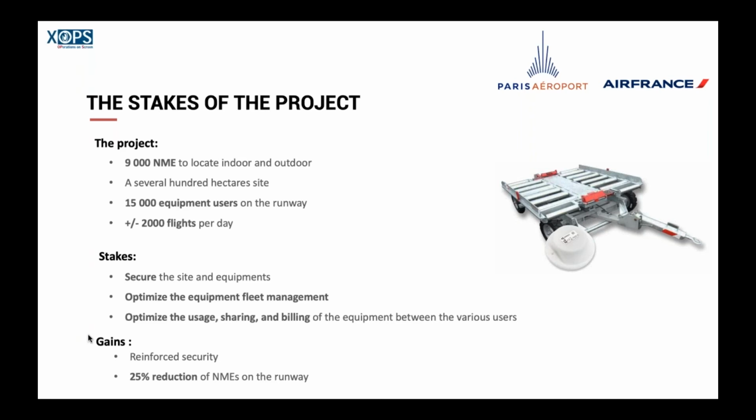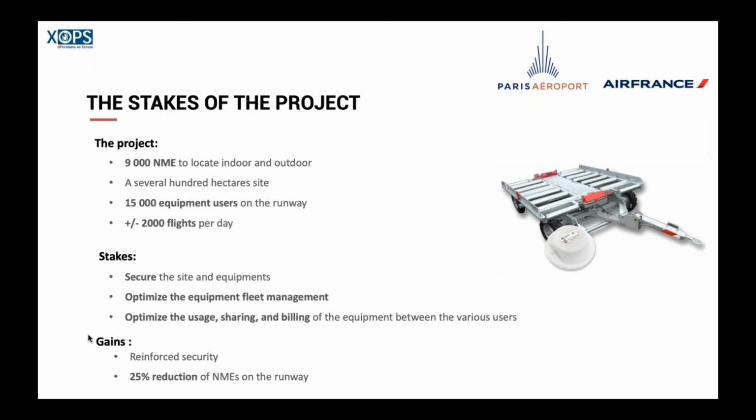Then the new usage is the pooling, the sharing of the non-motorized equipment. It means that all the operators on the airport used to buy their own equipment in the past, and now they accepted to invest and to have a community, a cooperative system to share the equipment between them, and they pay the maintenance cost according to the use they've made during the month.